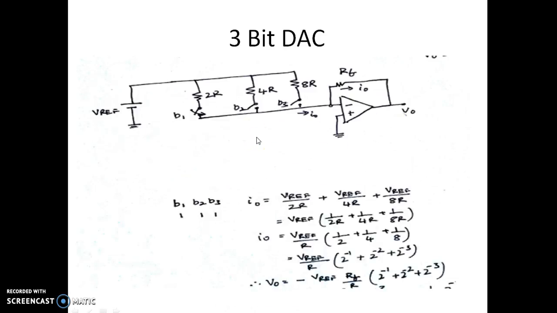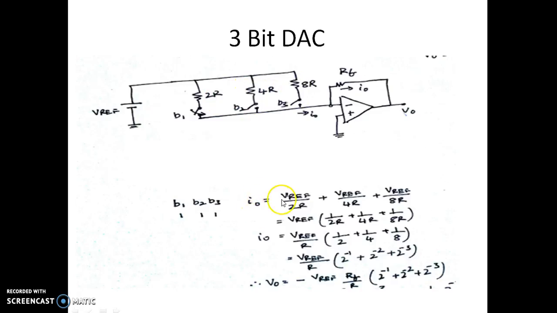Let us see one more example where all 3 switches are turned on. So B1, B2, B3, all 3 are on. When the 3 resistors are on, we are going to have the I0 current due to this arm, this arm, as well as this arm.